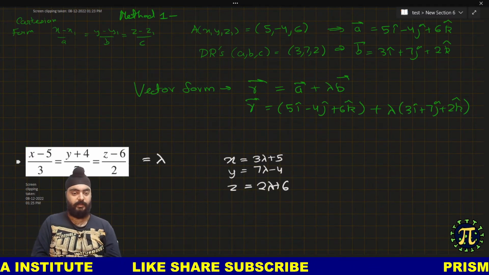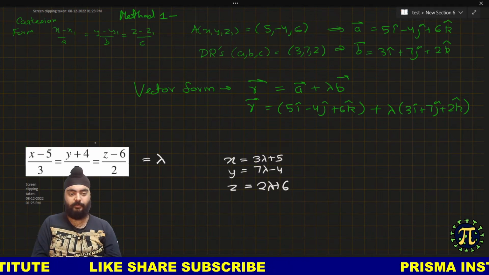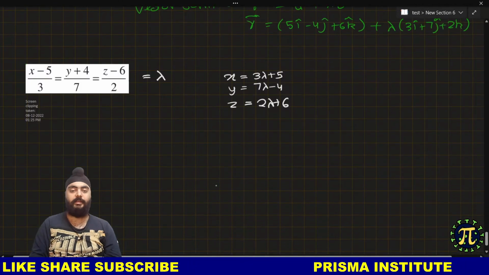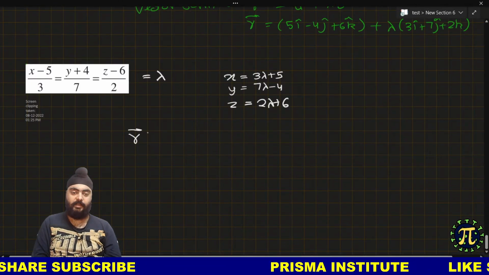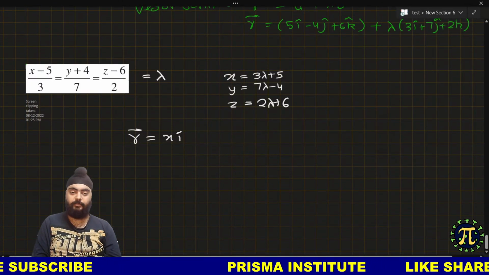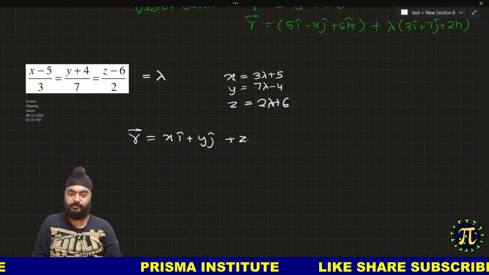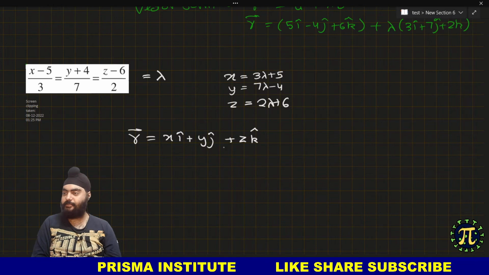So I compared this form to lambda and found the values of x, y and z, and now I can find the r vector. The r vector is defined as the position vector of the general point x, y, z.